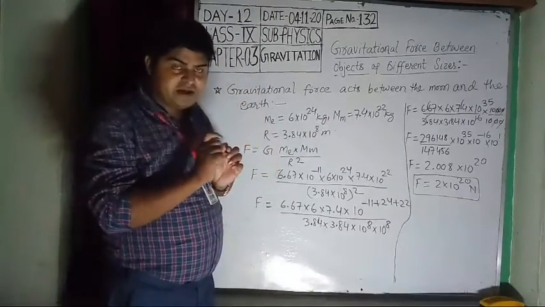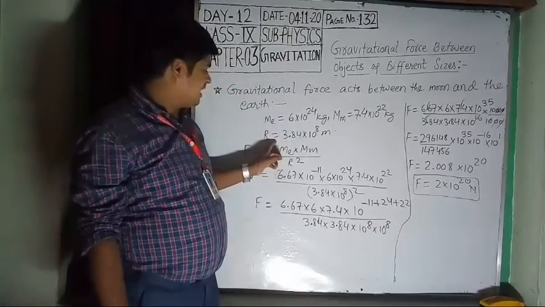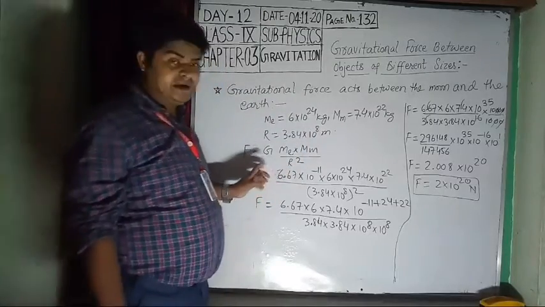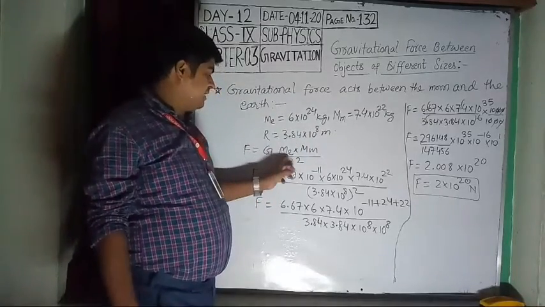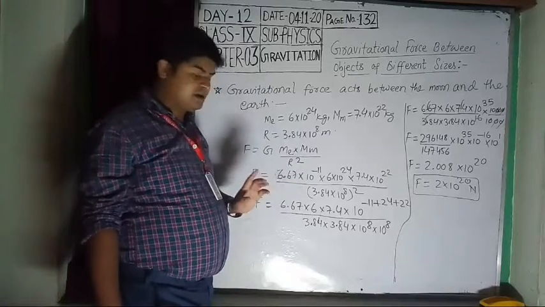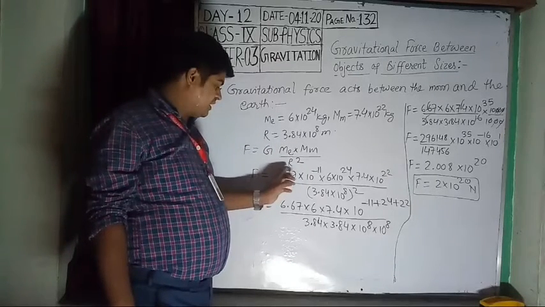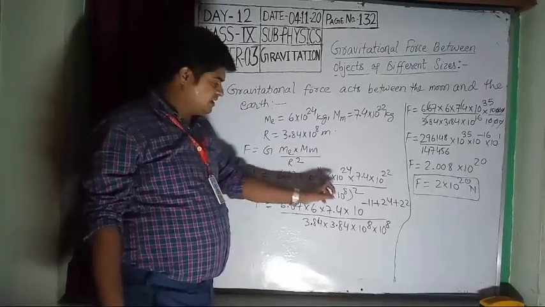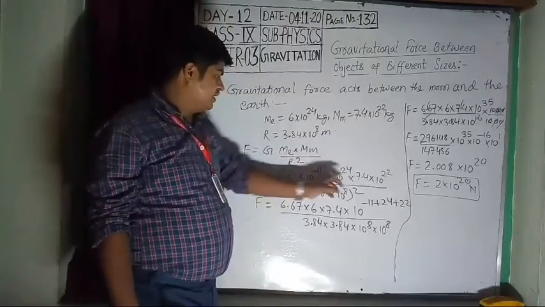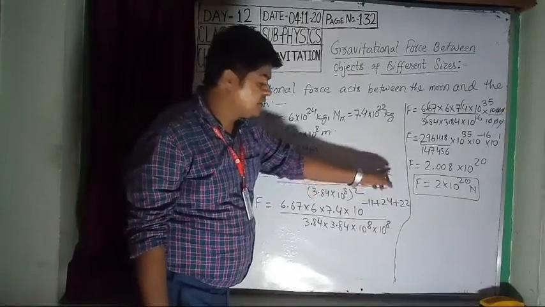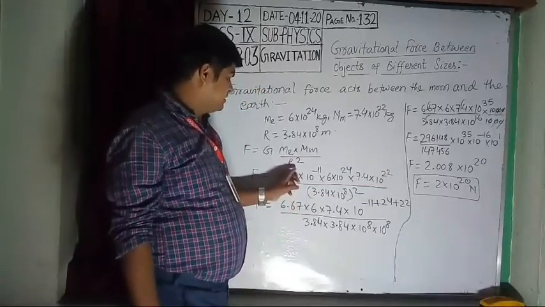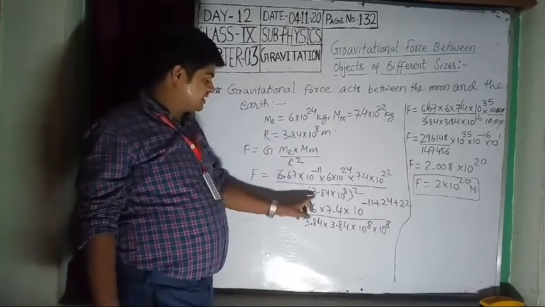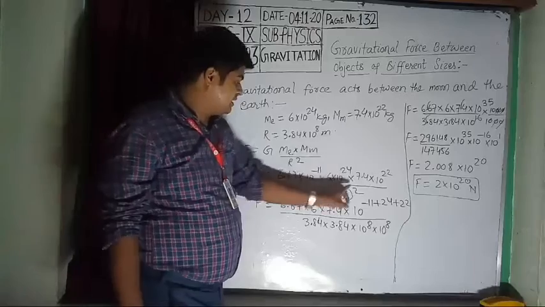The distance between earth and moon is r equal to 3.84 into 10 to the power 8 meter, and F is equal to G me into mm by r square. Now put the value of G, 6.67 into 10 to the power minus 11 into me 6 into 10 to the power 24 into mm 7.4 into 10 to the power 22 by the distance between earth and moon 3.84 into 10 to the power 8 whole square.